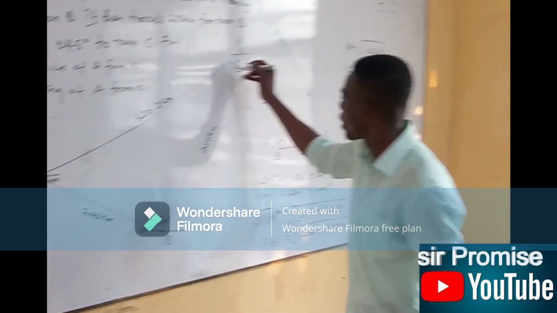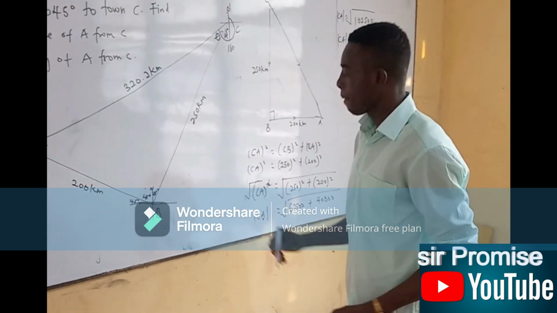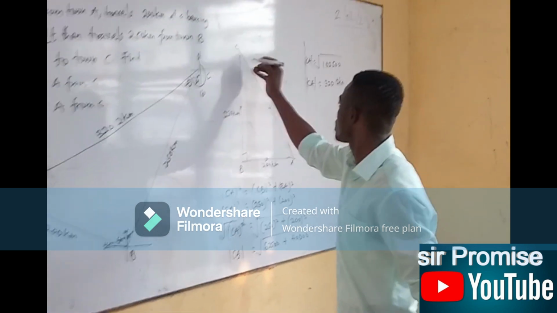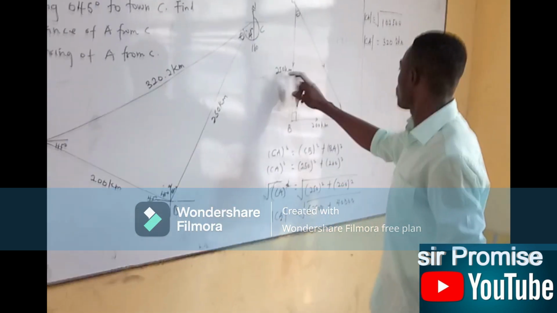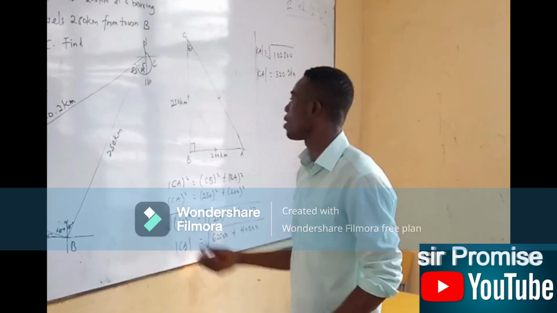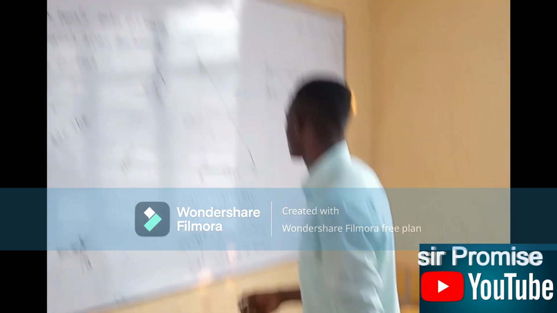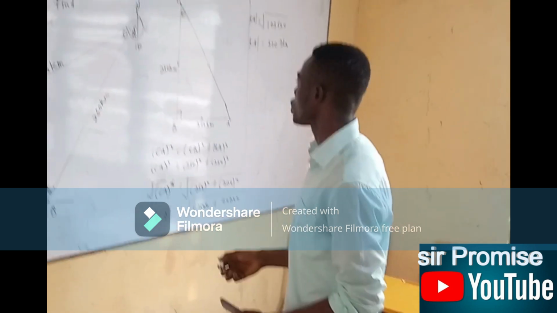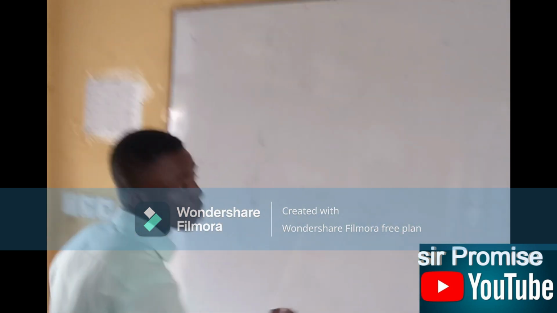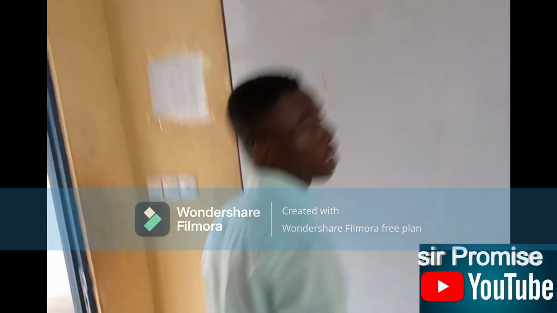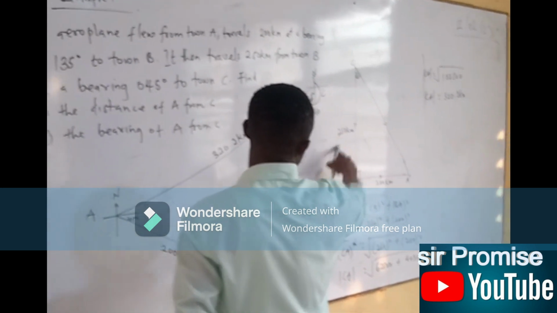So how are you going to find an angle here? So it means that the angle has to be here. So once we know this and that, we can find it by using the trigonometrical ratio. So now let's work it here. How do you work it? We have the opposite, we have the adjacent.